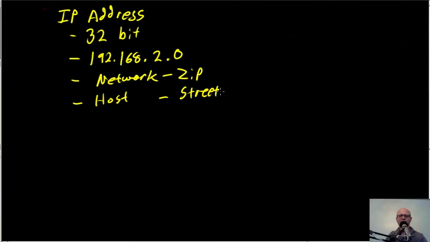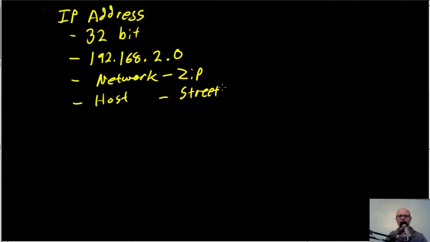And when that letter is going through those post offices and sorting facilities, they're just looking at that zip code portion. You know, they're not looking at the full address. They just want to know generally where it goes, what area of the country or what network it goes to.